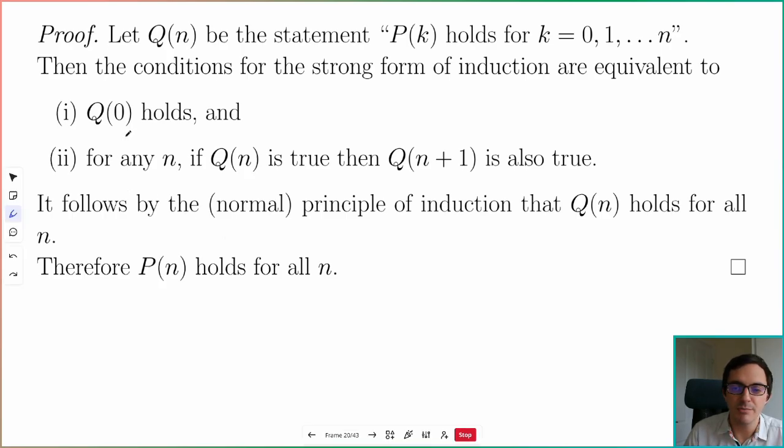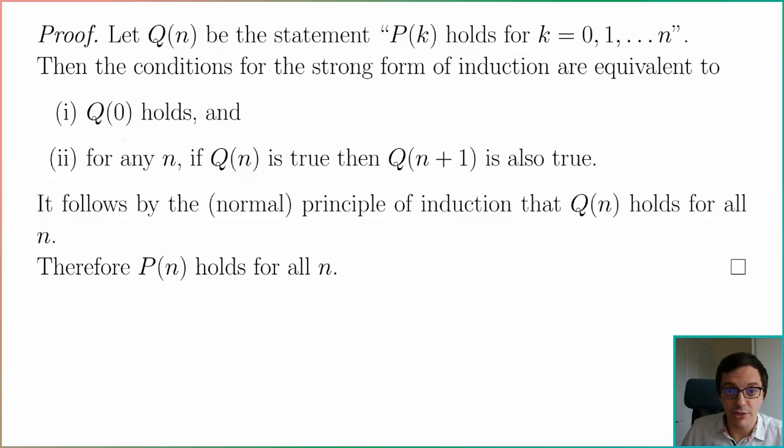Q0 just means the same thing as P0. So if P0 holds, then Q0 also holds. So that translates across nicely. The hard one is convincing yourself that the thing in strong induction turns into this thing on the screen. So what do we have?